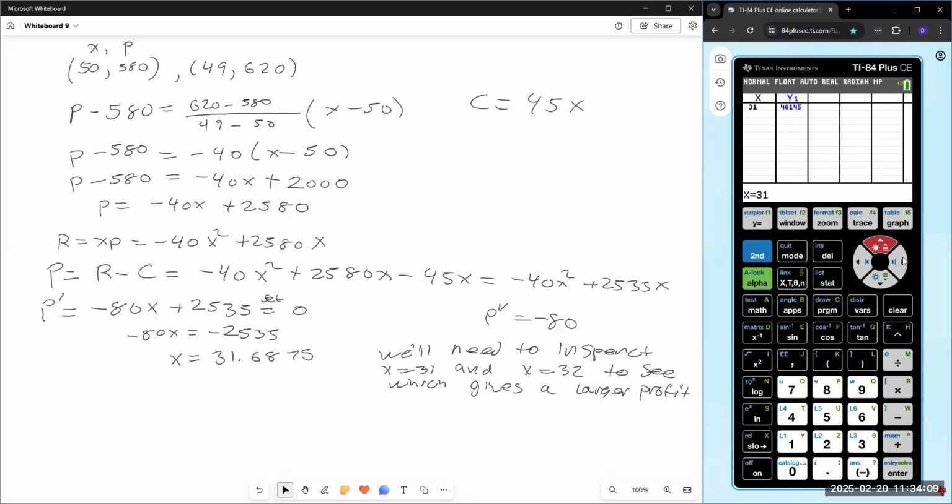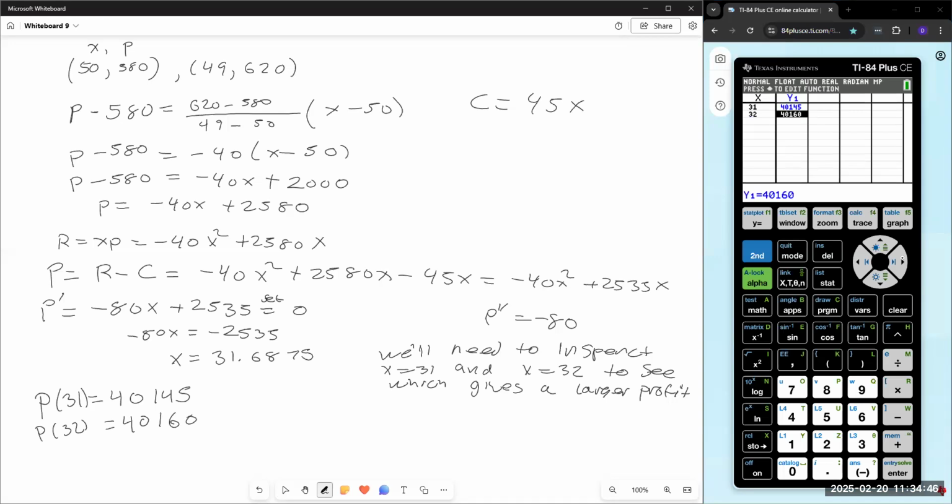So P of 31 is going to be 41.45, and 32 is going to be 41.60.